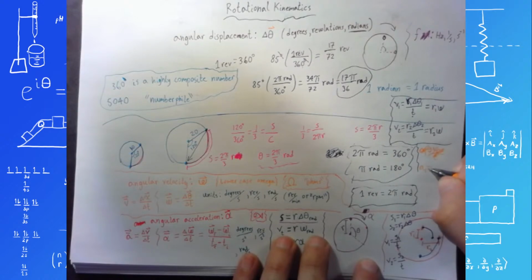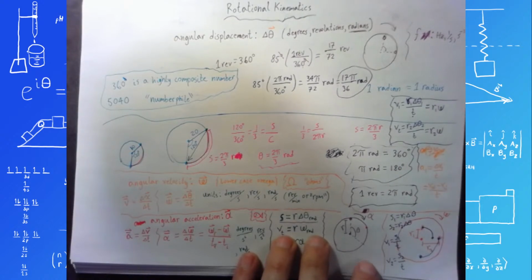A1 is equal to delta V1 over T, equals V1 final minus V1 initial over T.